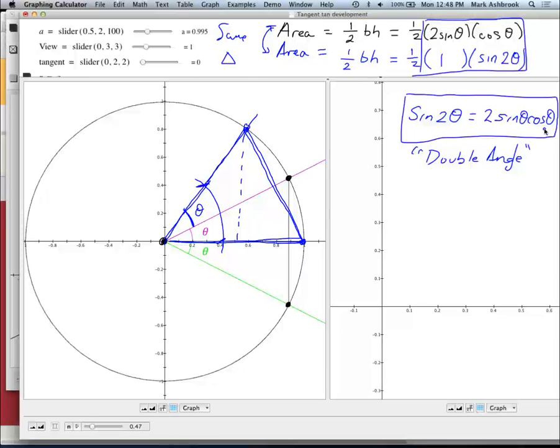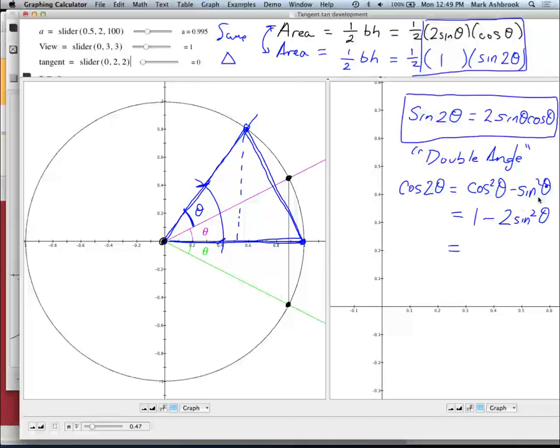All right, double angle for cosine. We're not going to prove it, not going to show it like we did that one, but it's cosine squared minus sine squared. And then using the Pythagorean identity, cosine squared is equal to, remember what we said? 1 minus sine squared, which when you simplify it makes 1 minus 2 sine squared.